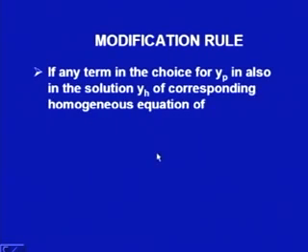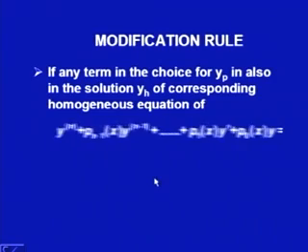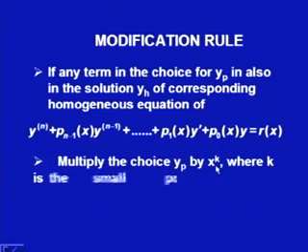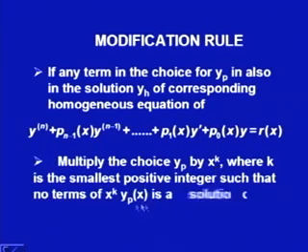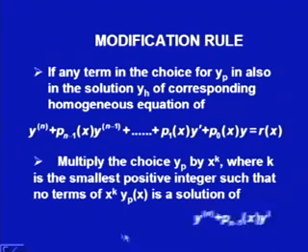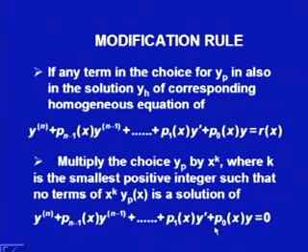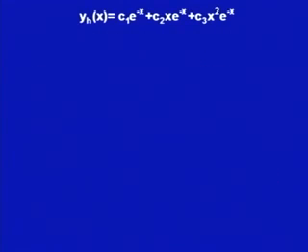The modification rule says that I have to multiply the choice of y_p by x to the power k, such that no term in x to the power k y_p is a solution of this homogeneous equation. We have seen that e to the power minus x, x times e to the power minus x and x square times e to the power minus x are all solutions of y_h. So, we will choose here x cube e to the power minus x.